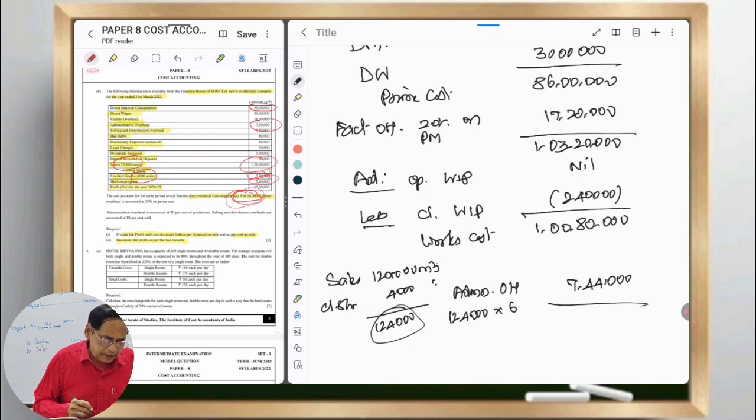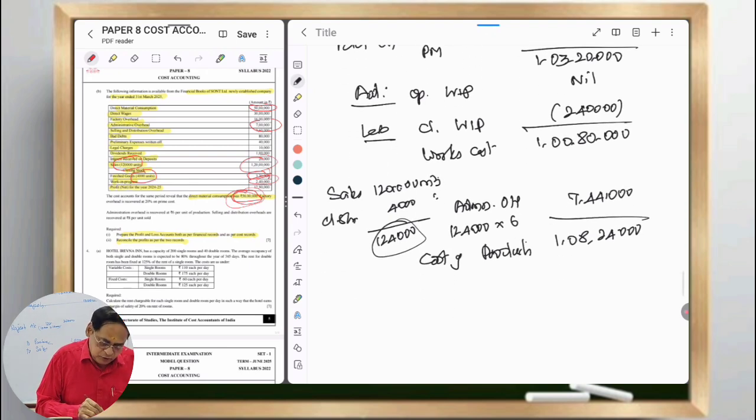If we add, that is cost of production for 1,24,000 units. So if we add 1 crore 8 lakhs plus 24,000, understand? It is the cost of production. And then we have to add opening stock of finished goods, there is none, so nil, less closing stock of finished goods, that is 3,49,000.